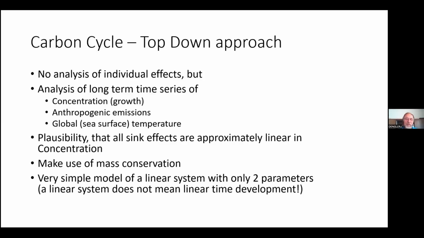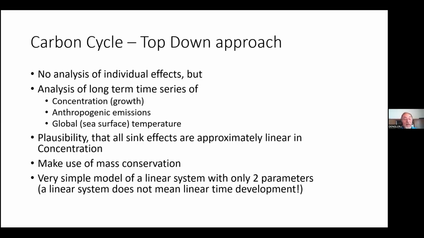What we can also measure pretty well are the anthropogenic emissions. We know less about the natural emissions. We know that they are very large, but they cannot be measured in the same detail as the anthropogenic emissions. We can also measure the global temperature, in particular the sea surface temperature, and I tend to prefer the sea surface temperature because 70% of the Earth's surface is ocean, so the sea surface should be the dominant part.